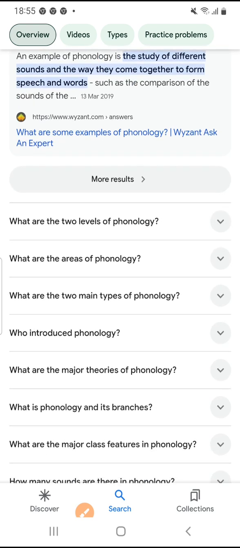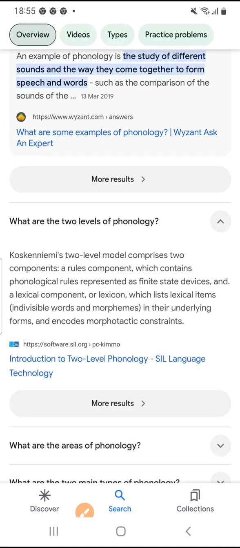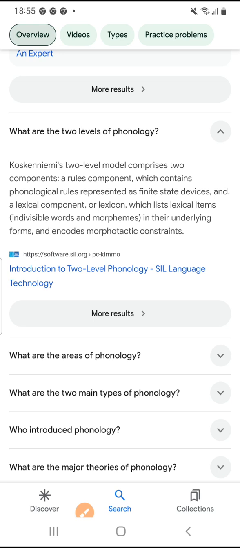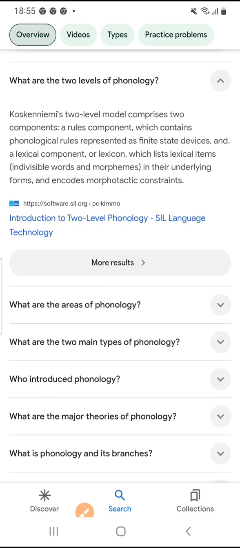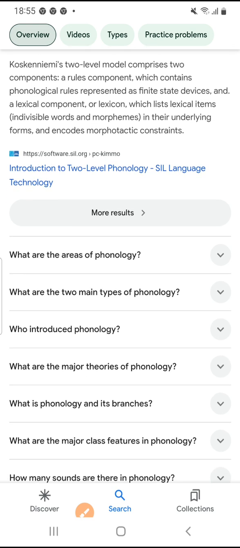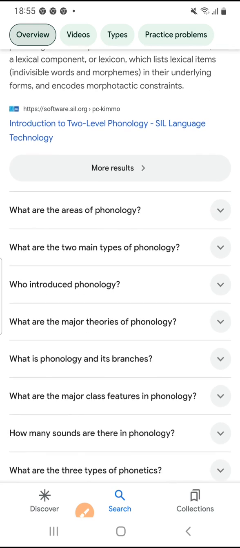That is the two-level model, which comprises a rules component, containing phonological rules represented as finite state devices, and a lexical component, the lexicon, right?